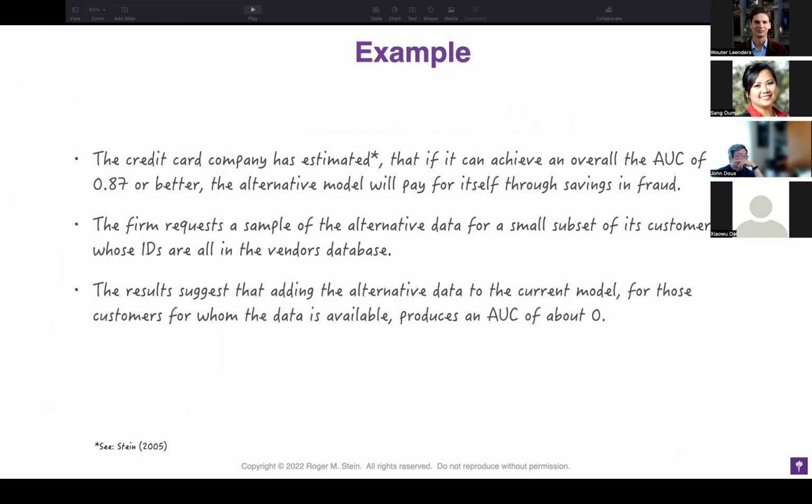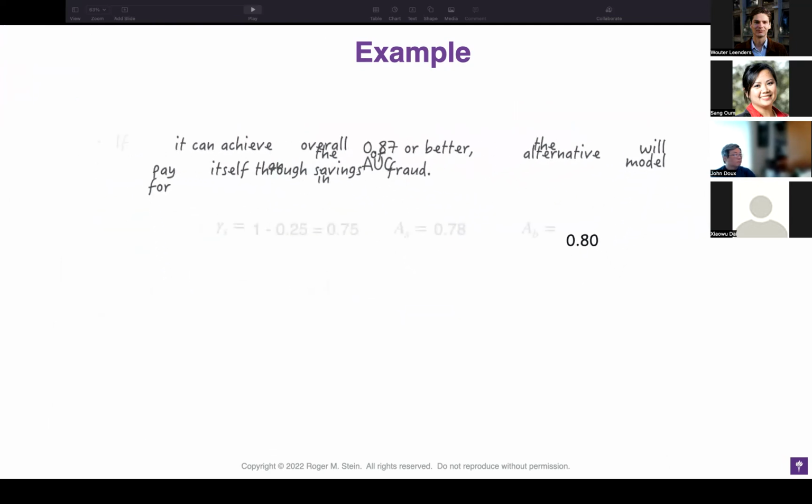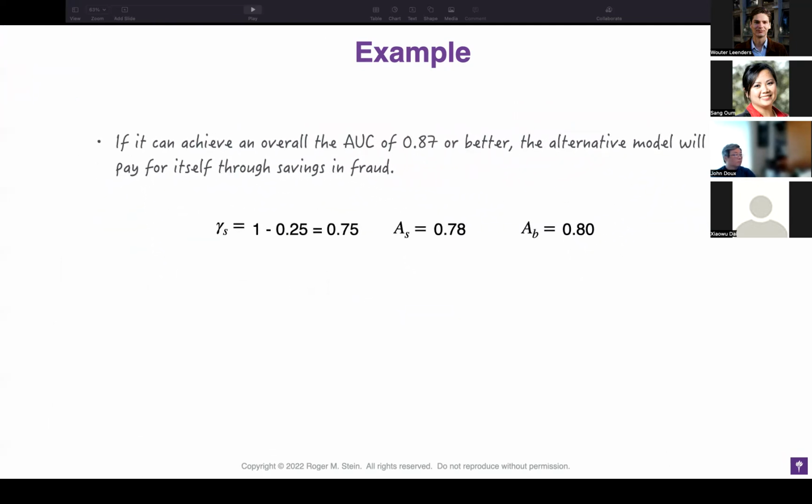The results suggest that when they add the alternative data to the data they already have on that small subset, the AUC goes to about 0.8, which is definitely higher. Let's assume they have enough data that that's both a statistically and economically significant difference. So if it can achieve an overall AUC of 0.87 or better, the alternative model will pay for itself.